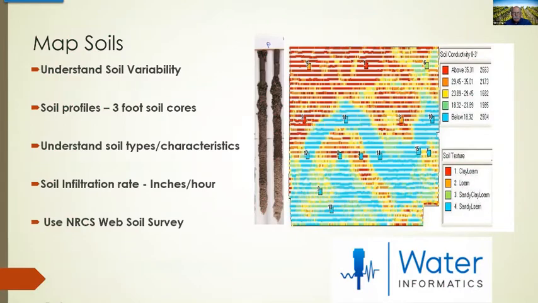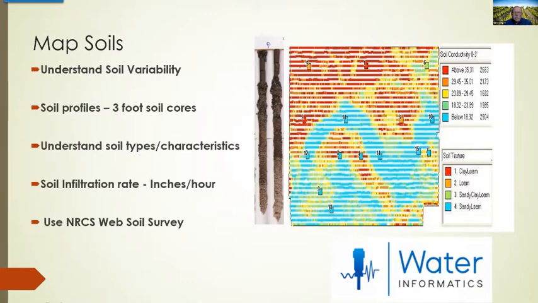So understanding first the variability two-dimensionally as we see on the screen right there on the map, but then taking it to the next level and understanding the core samples is really critical, because now you can see how that water moves through the soil.